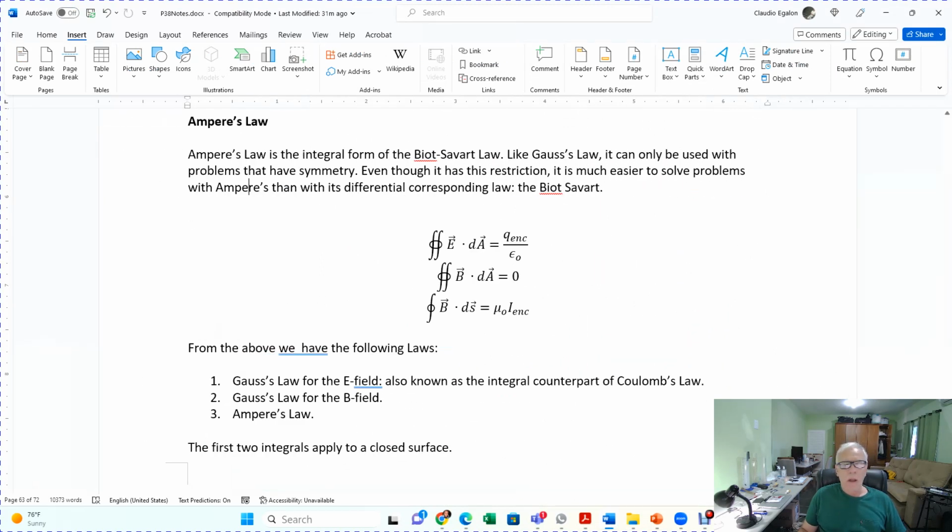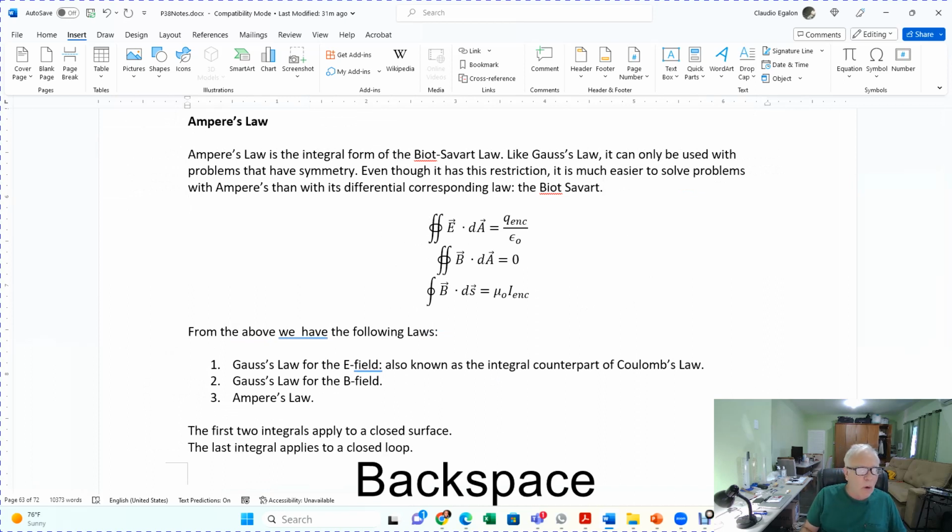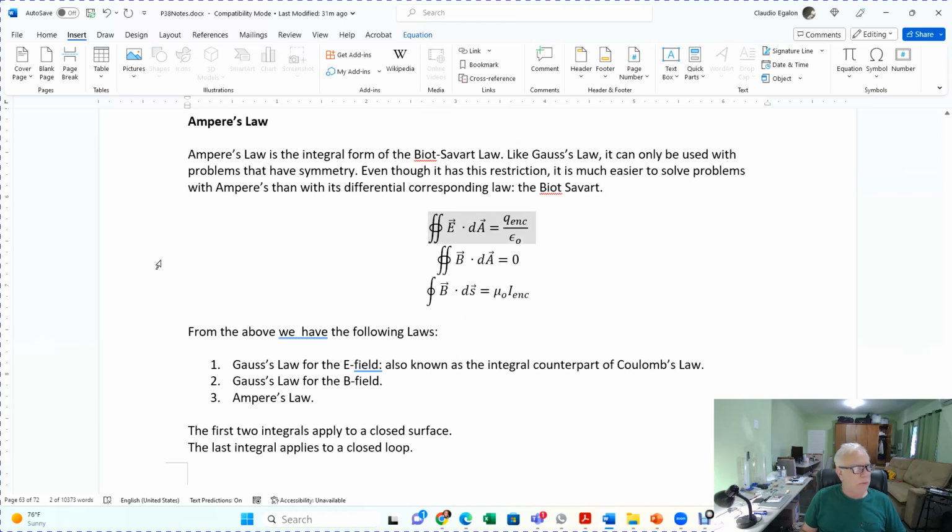So far, we have seen the following laws of electricity and magnetism. The first law we have seen is the closed surface integral of E dot dA equal to Q enclosed over epsilon naught, the Gauss's law of electricity. There is also a corresponding law for the magnetic field, the Gauss's law of magnetism.